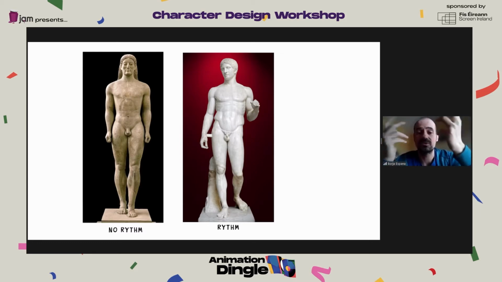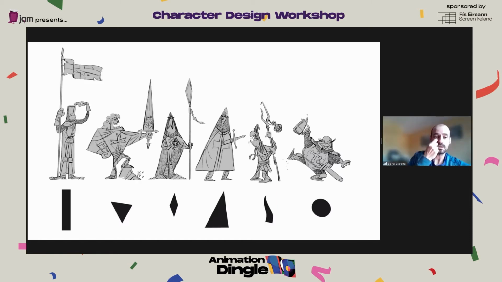If you want your character to be alive and appealing, you need to offset that rigidness and give some rhythm. This is something the Greek sculptures started doing, and it's been in fashion since then. So a good way of giving your character life is never having them completely rigid.